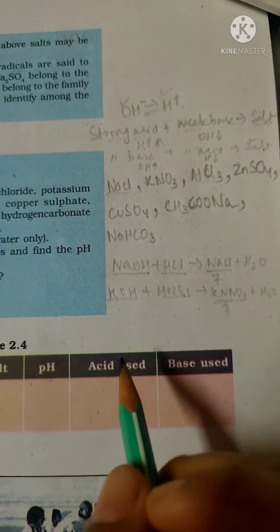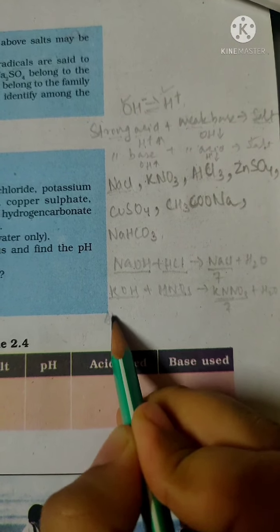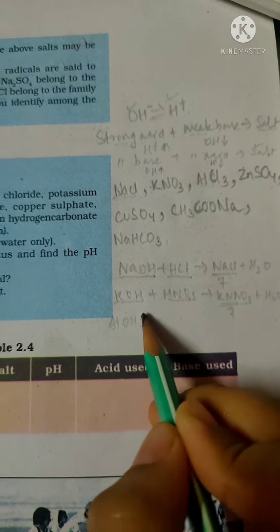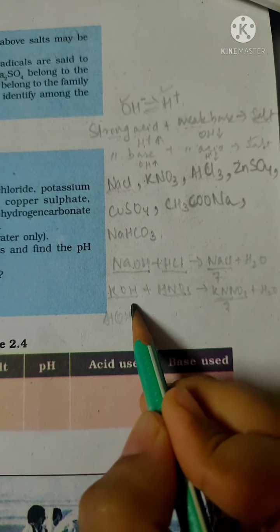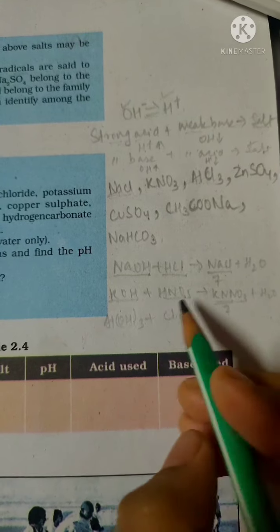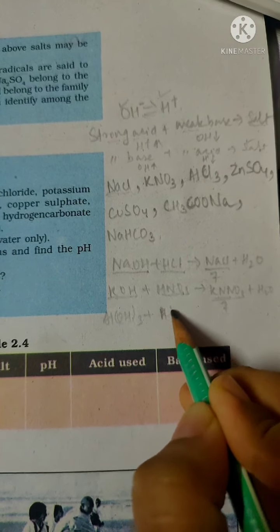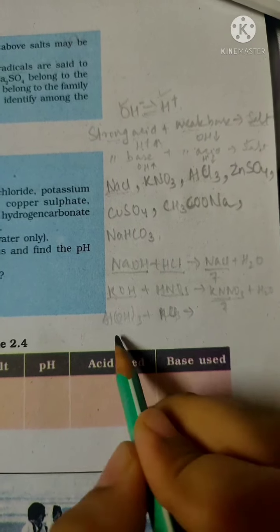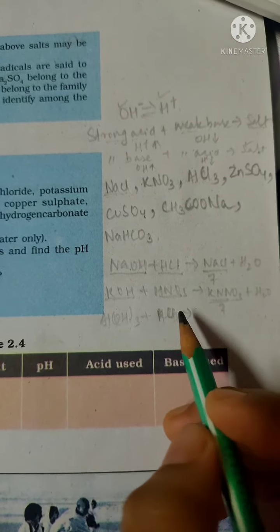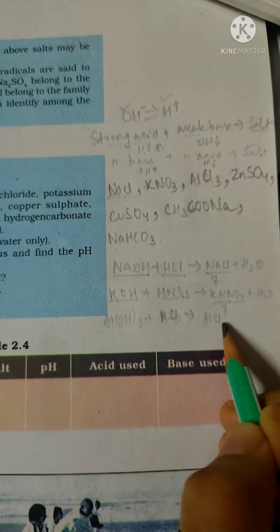Now let us take the next example: aluminum hydroxide, Al(OH)3, and HCl, giving us AlCl3.